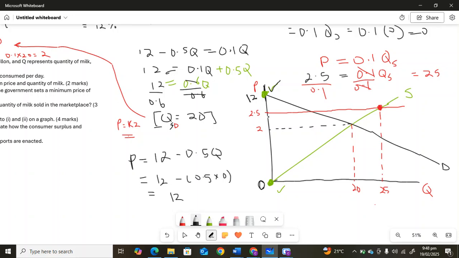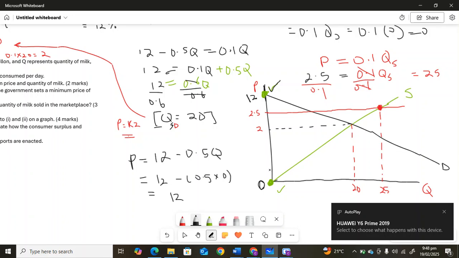We found the values we need. Without these values, it's going to be hard for you to calculate the consumer surplus and the producer surplus, because we're using areas, so you need to know the height, the breadth, and so on. Any questions?